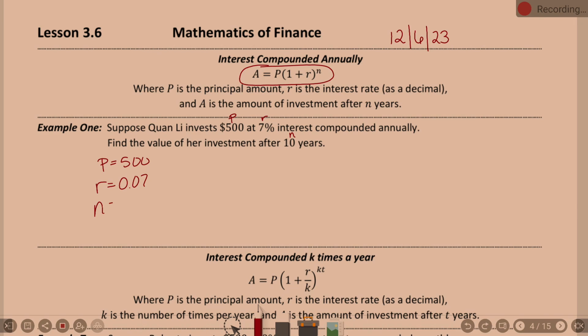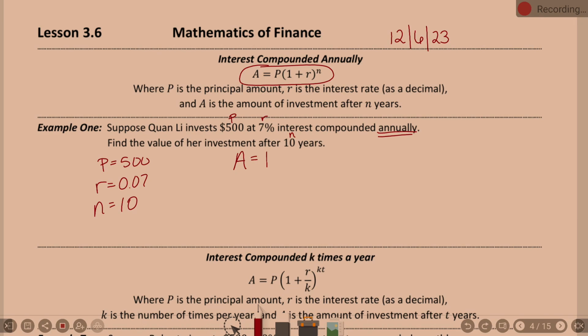So N is 10. And always check, because they're going to be mixed up in homework to an extent. How often is this compounded? Annually. And the fact that it's compounded annually tells me that I can use that formula up there. Fair enough?